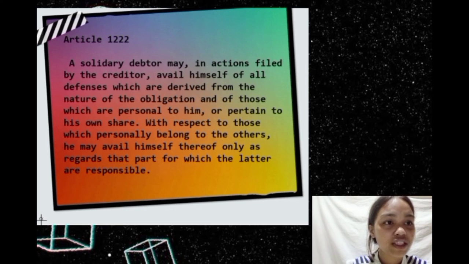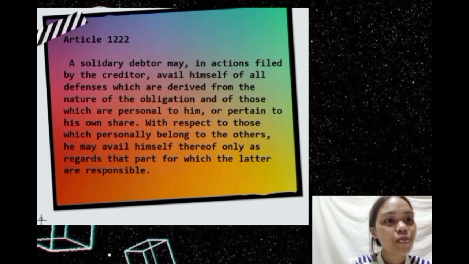In other words, A may avail himself thereof only as regards that part of the debt for which B is liable.